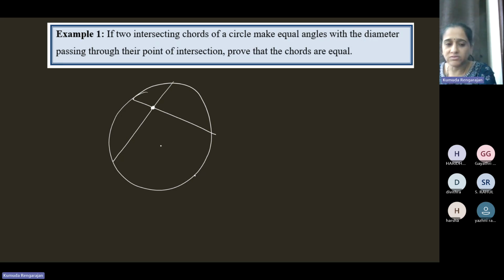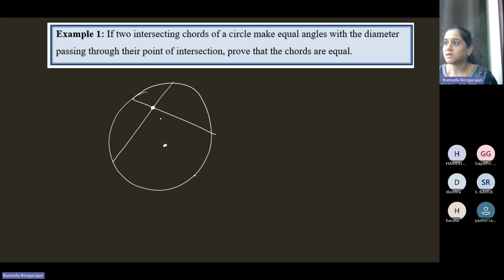And the diameter passes through the center of the circle. Look at this. Diameter should pass through the center and also pass through the point of intersection.